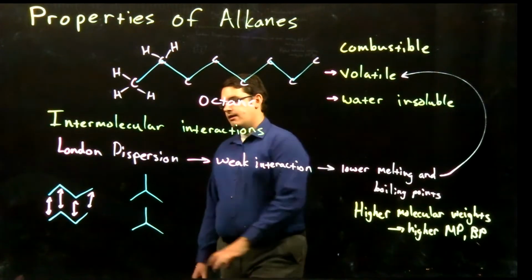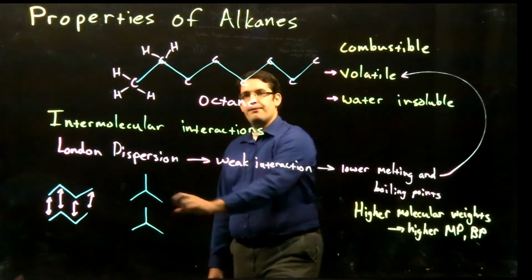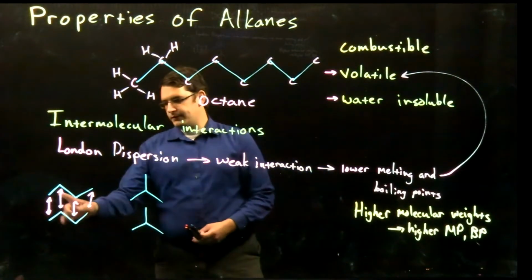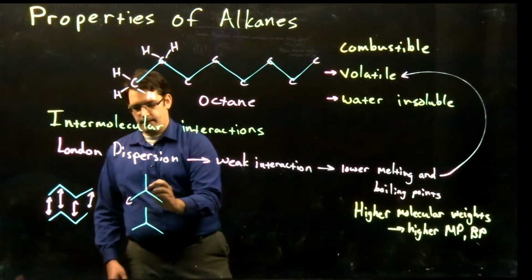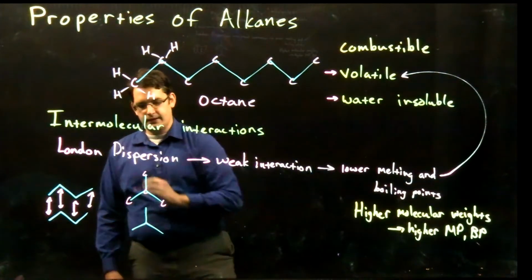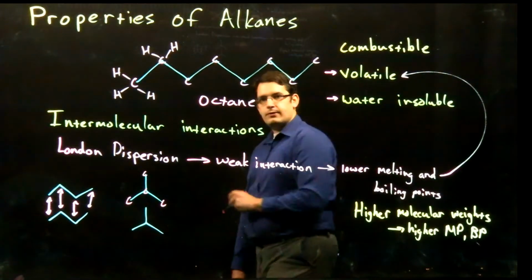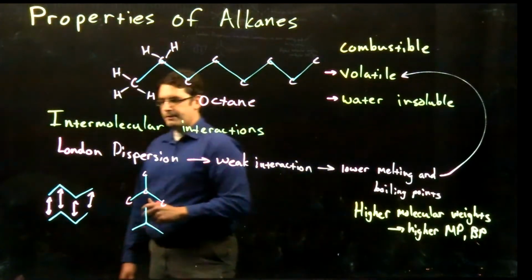Next, let's compare a linear alkane, our butane here, with a branched alkane. Now notice both of these alkanes have 4 carbons. Can mark them out at the vertices of our skeletal structures. Each of these carbons would have hydrogens attached up to their 4 bonds per carbon.